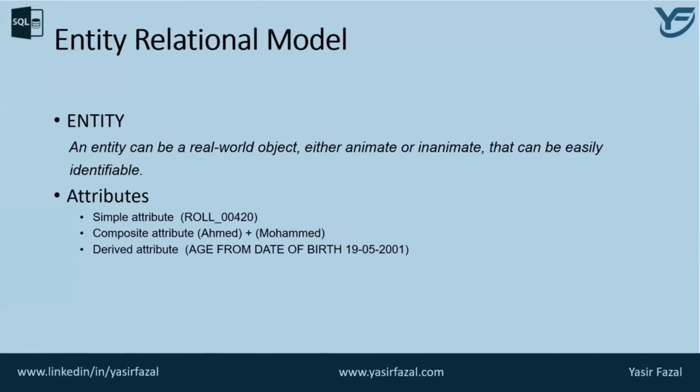Next one is derived attribute. Derived attributes are attributes that do not exist in the physical database. They are not in the file, but logically they can be extracted. So you can derive their values from other attributes that are present in the database.